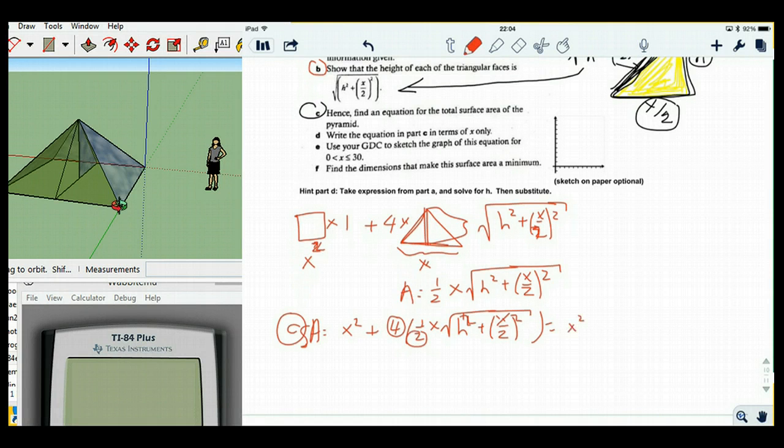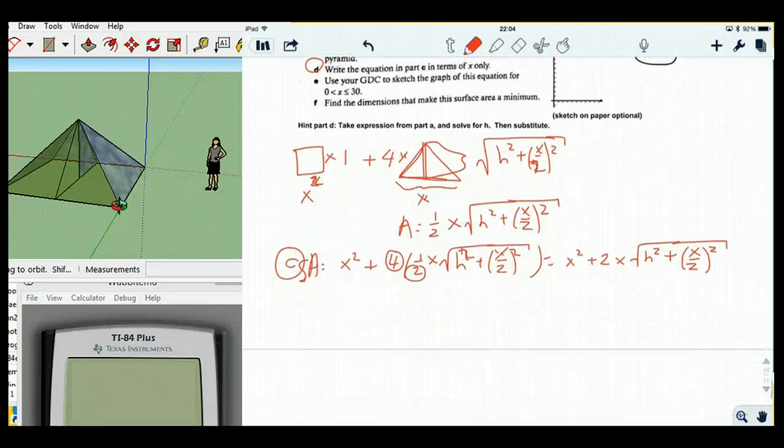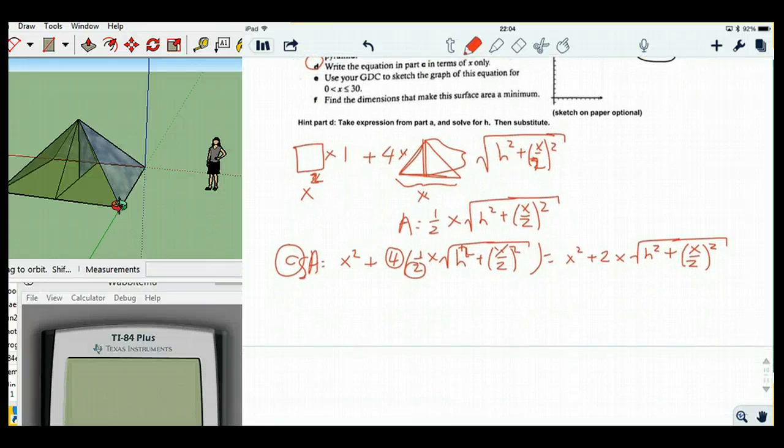So that's x squared plus 2x times the square root of h squared plus (x over 2) squared. Okay? So that is the total surface area. And that is part D. Actually, that's part C.